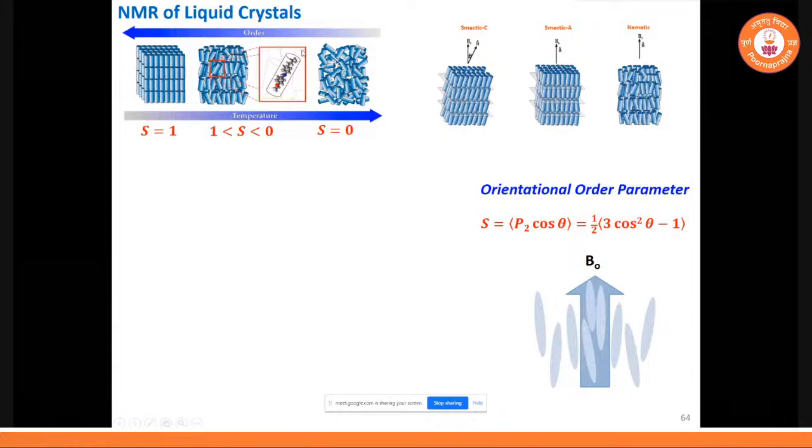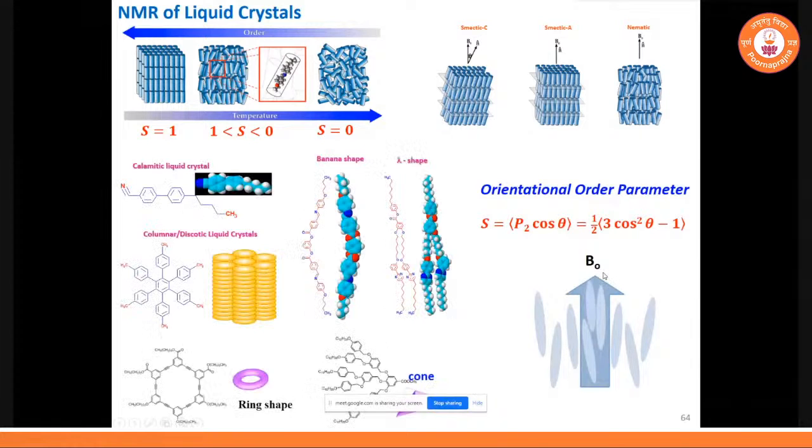They almost behave like a liquid, so we call it the least ordered, nematic. And one more important property of liquid crystal is that molecules on average are uniformly oriented along one common axis, that we call the director. When we keep this sample in the magnetic field, this director will orient with respect to the magnetic field. That's what we exploit in NMR.